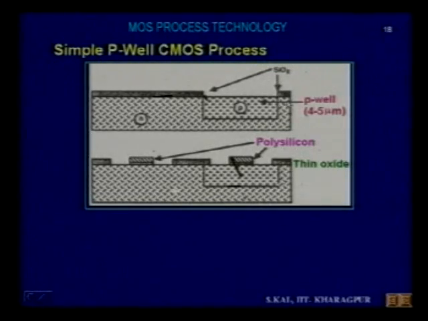Now after getting the POL, the rest of the process steps are similar to either the salicided process, the NOL CMOS process or the LDD NMOS process. Those steps follow: gate oxide formation, polysilicon deposition, then LDD implantation, then source drain implantation, then silicide contact formation.